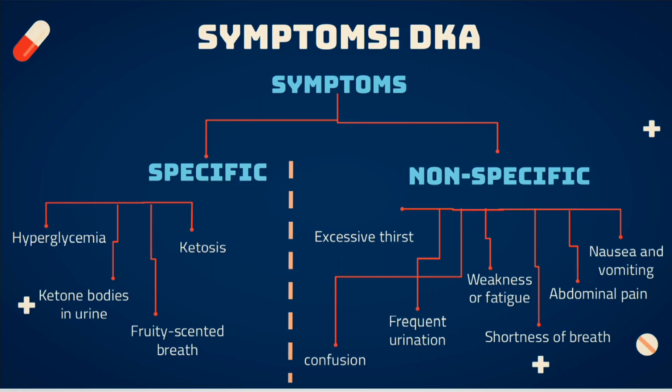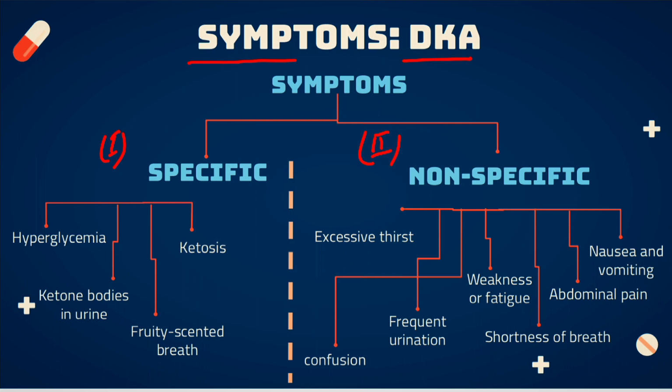Let's discuss the symptoms which are present in DKA, diabetic ketoacidosis. The symptoms which appear in DKA can be broadly divided into two categories. First, specific symptoms associated with DKA. Second, non-specific symptoms.